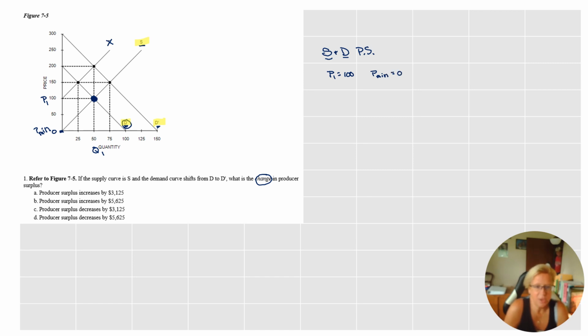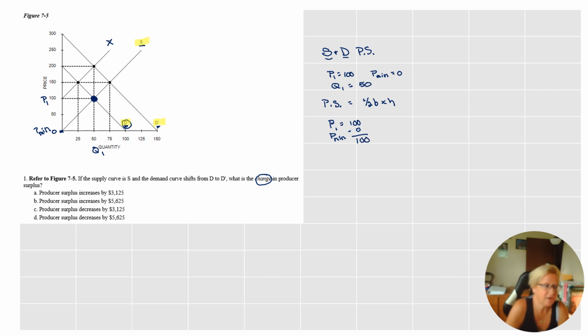And my quantity that I'm interested in, I'll just call it quantity 1, is going to be 50. So remembering that producer surplus is 1/2 the base times the height, I have P1, which equals 100, minus P0, or P min in this case, which equals 0. So that gives me 100.